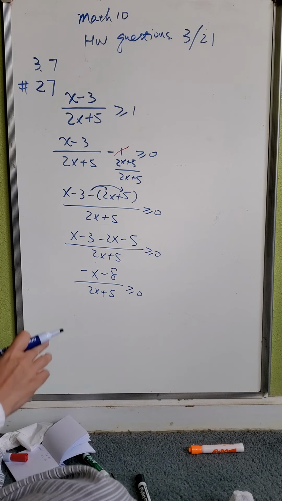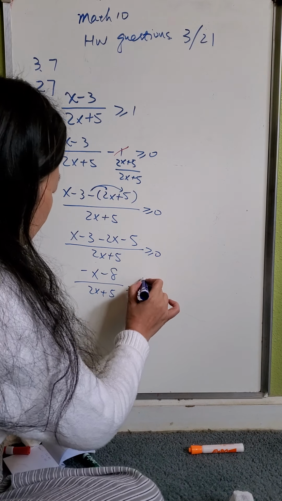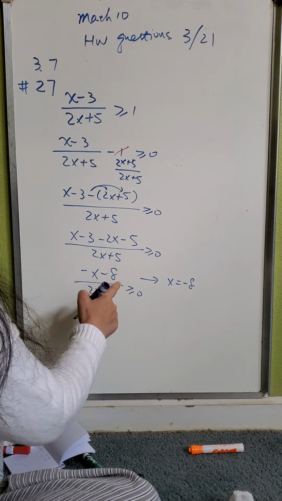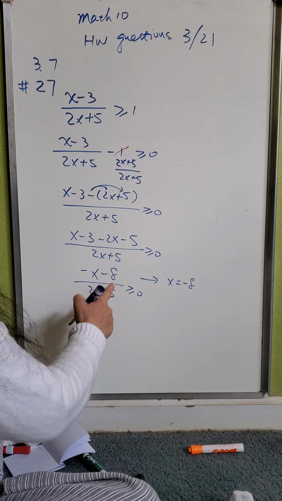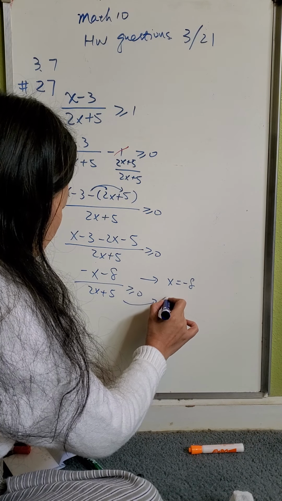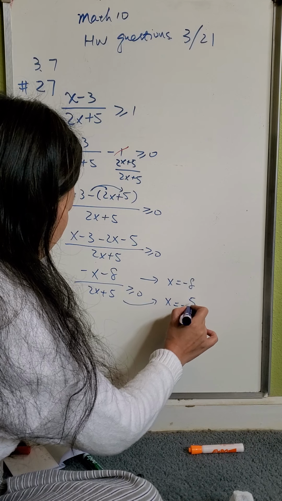Now we're going to let each one of them equal 0. So negative x minus 8 equals 0: add the x on both sides, and x equals negative 8. The denominator equals 0: that would be x equal to negative 5 over 2.